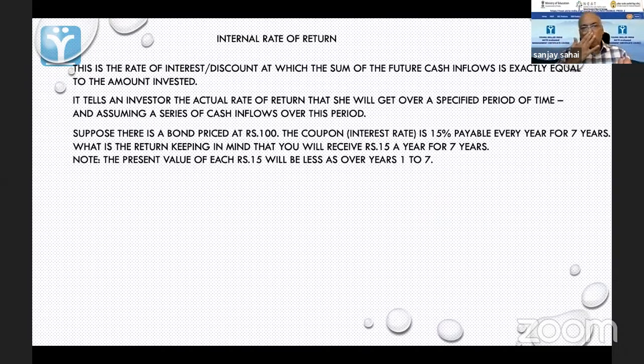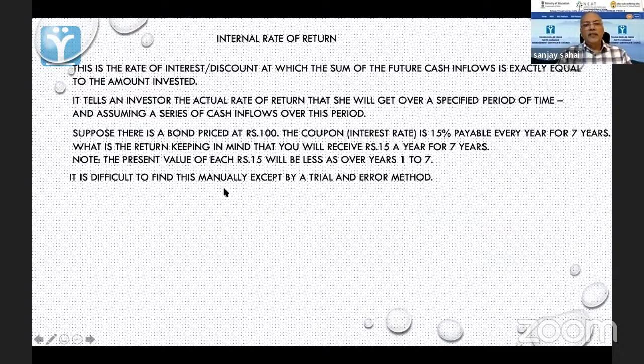Now, you want to know what is the return, keeping in mind that you will receive 15 rupees a year for 7 years. So the present value of each 15 rupees will be less over the years 1 to 7. The purpose of me showing you this is that you'll understand the 15% better.